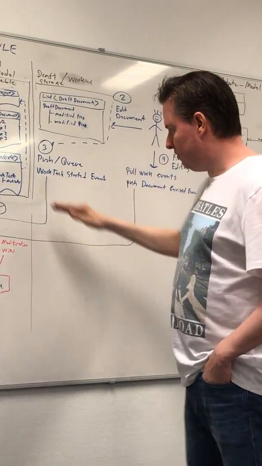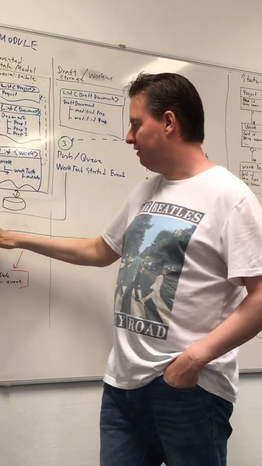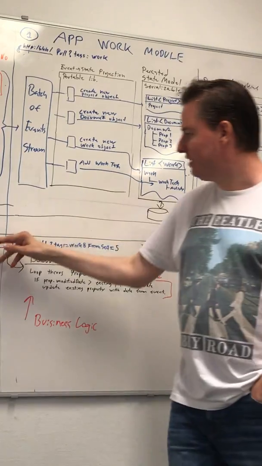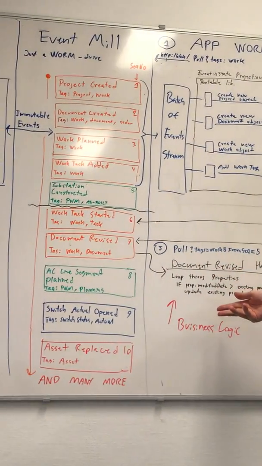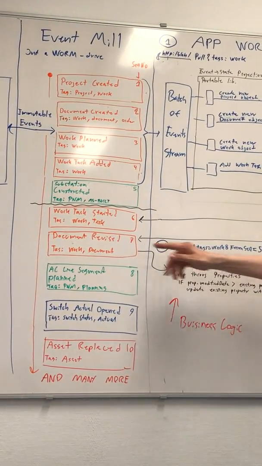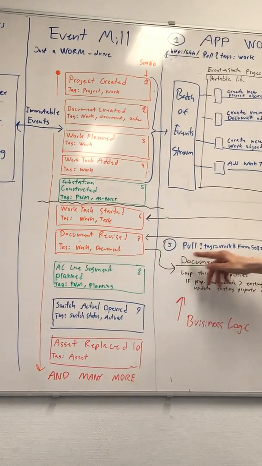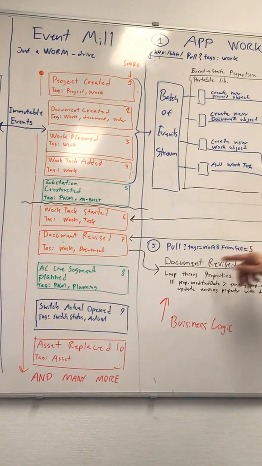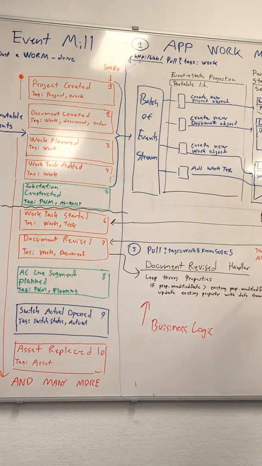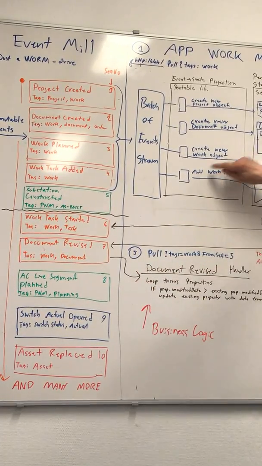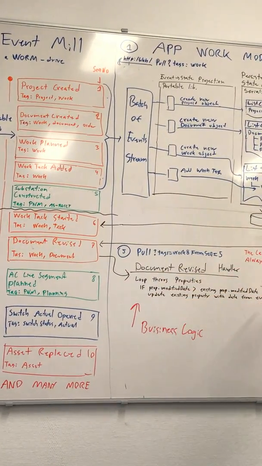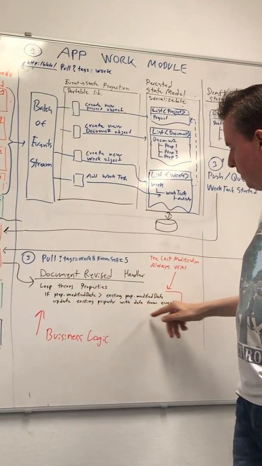What happens later is when you pull the work events again, you will actually get back the event you have created yourself. Okay. And this event will go into the event handler. Here I just created it, this is the same as these. Here I just created a little more description.